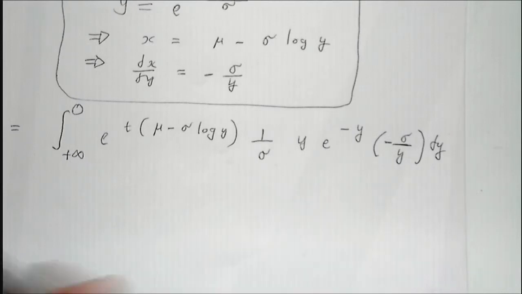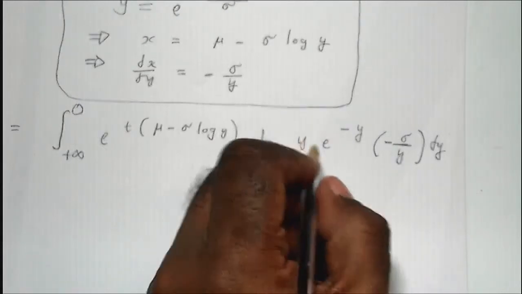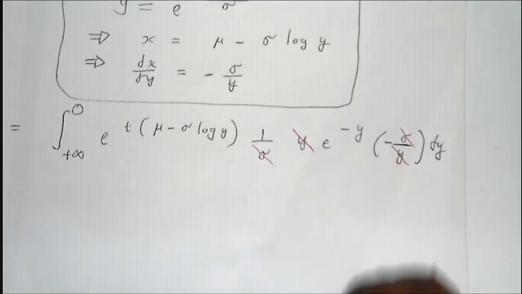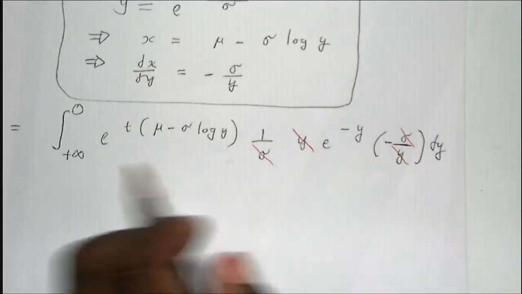You see that a lot of things now cancel. This guy goes with this guy, this goes with this, and I'm going to use the minus sign to switch the limits around.